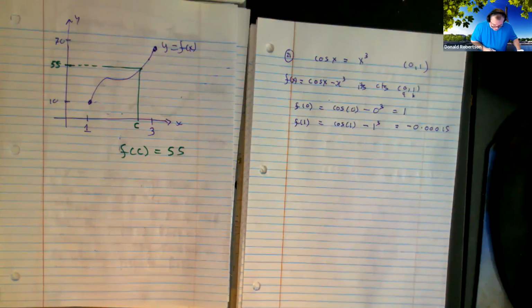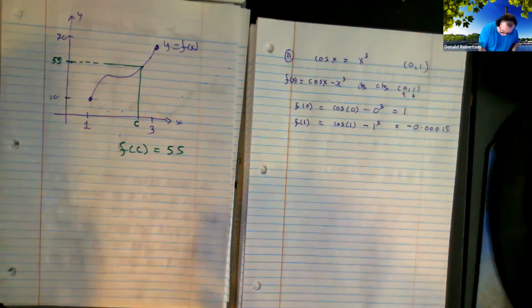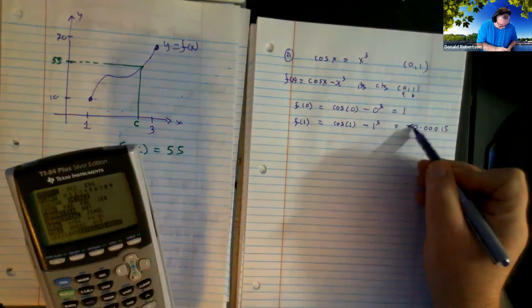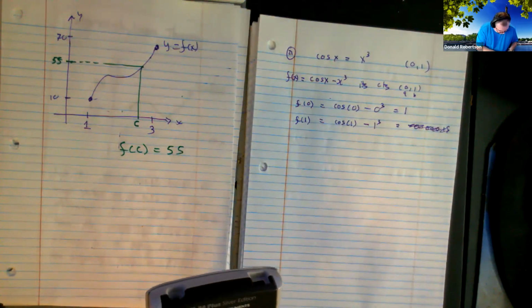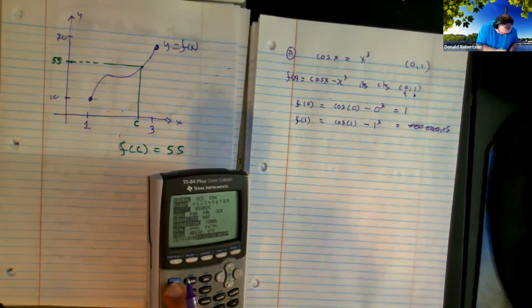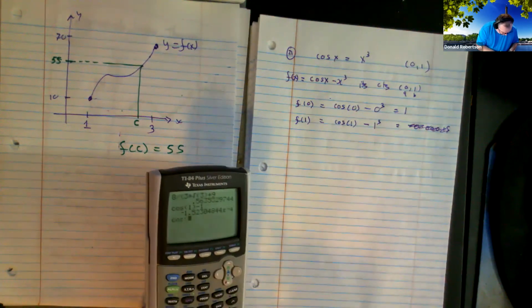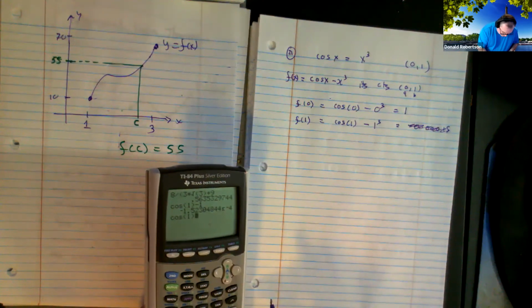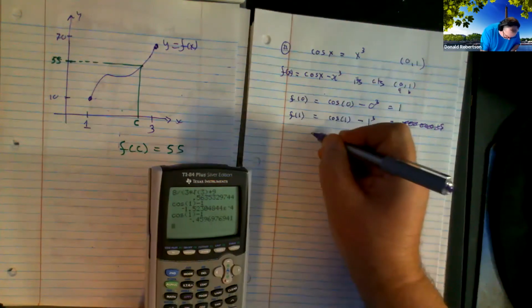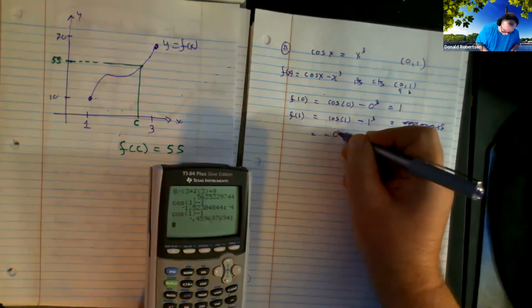The question is in radians, so I'm going to change this answer. And on my calculator, I'm just turning things into radians and doing it again. And the cosine of 1, take away 1 cubed, is still negative, but it's negative 0.46.